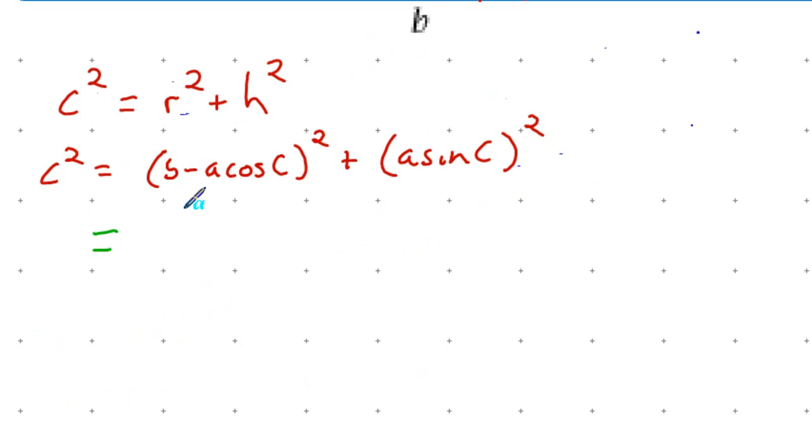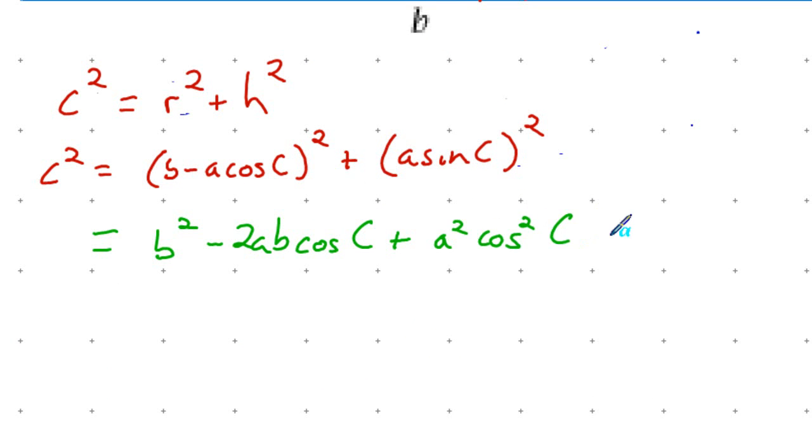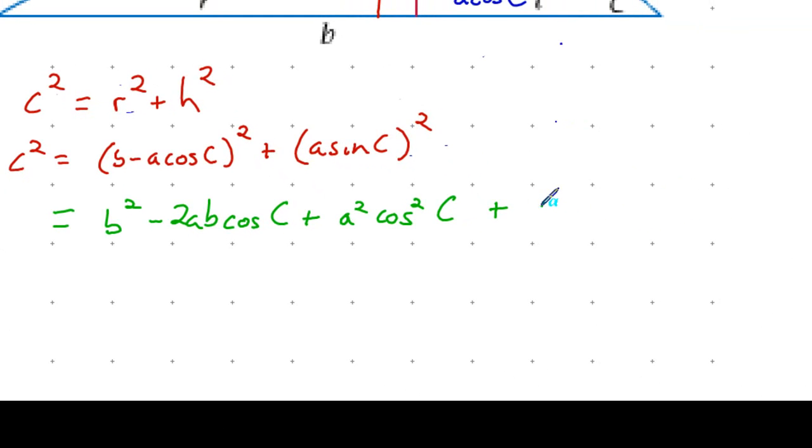Rewriting this to get to the next step: squaring this quantity gives b squared minus 2ab cosine of c plus a squared cosine squared of c, and squaring the other quantity, a sine c, gives me a squared sine squared of c.